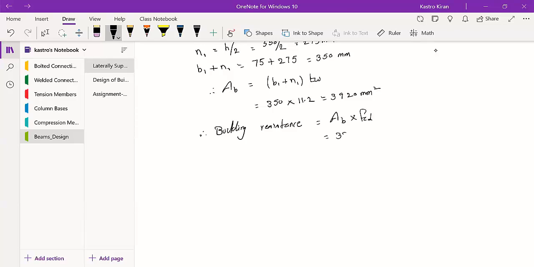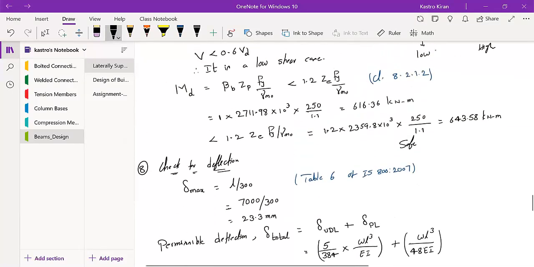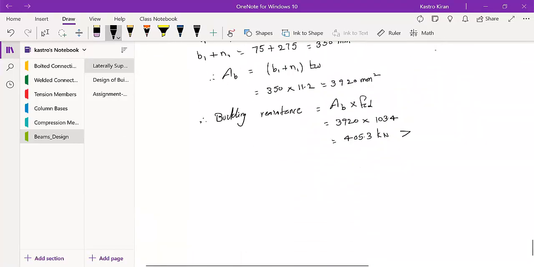The value of AB is 3920 and the value of FCD after interpolation is 103.4. If you solve this, it will be 405.3 kilonewtons. Remember, this value must be greater than the shear force which you have solved. What is the shear force value? It is 267.94 kilonewtons. Therefore, it is safe.